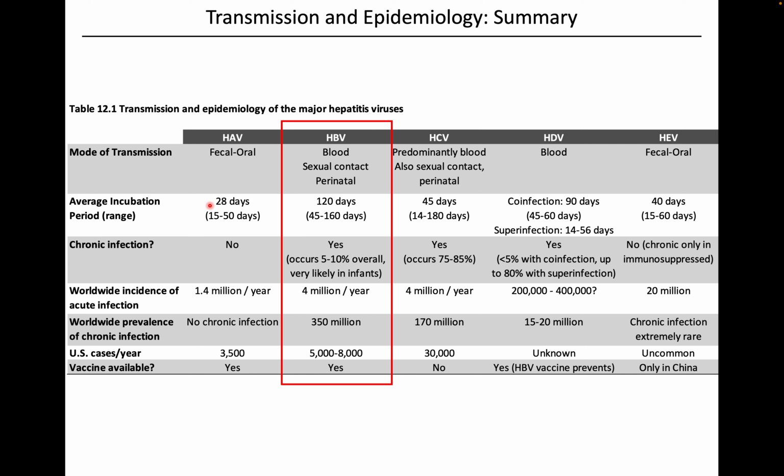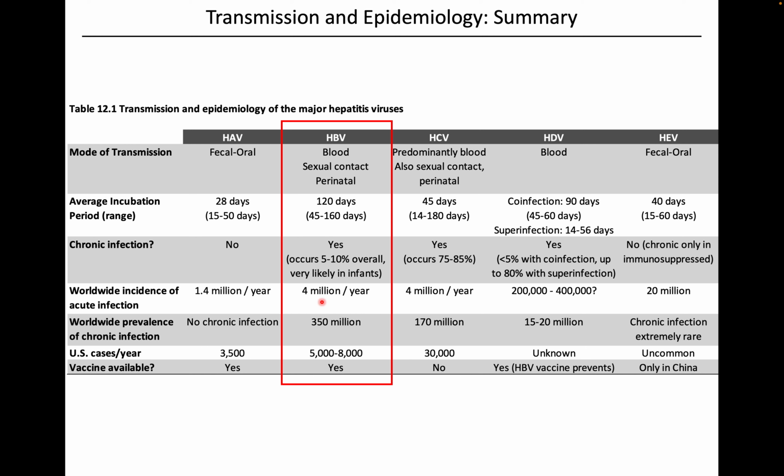All right, then hepatitis B, we have a very different mode of transmission. This is bloodborne, or through sexual contact, or in some cases perinatally, from mother to child. We've got a much longer incubation period here, averaging 120 days. As we said, you will get some low percentage of chronic infections, although more common in infants than in adults.